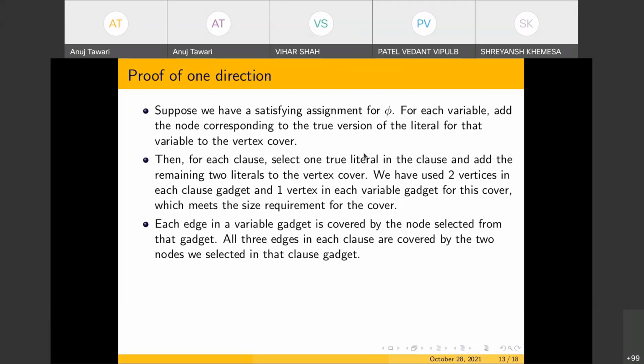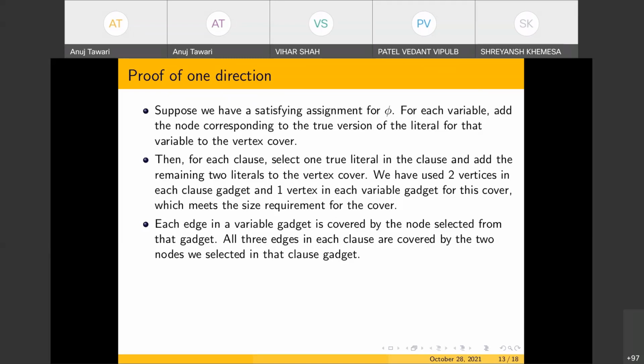is that from a satisfying assignment for phi, this is indeed a vertex cover. So each edge in the variable gadget, which was just an edge between a variable and its complement, is covered by the node selected from that gadget. So for each of these variables, one of them has to be true.